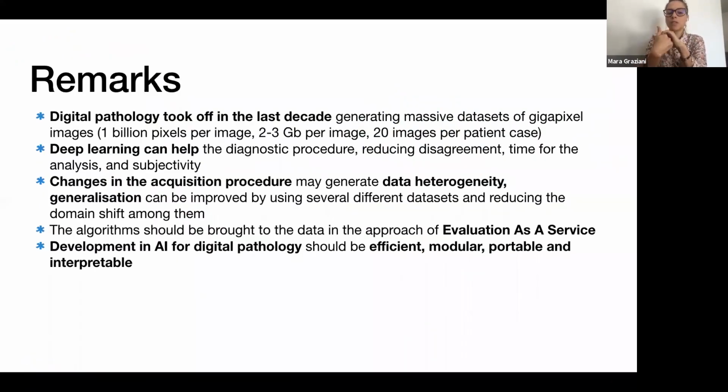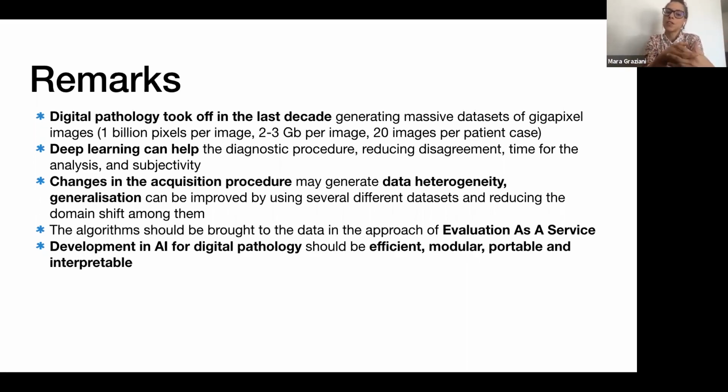I'd like to give you some takeaways from the talk today. Digital pathology took off in the last decade, generating massive data sets of gigapixel images. There are 1 billion pixels per image on average, and each image takes 2 to 3 gigabytes, and there could be up to 20 images per patient case, which makes up a massive data set.